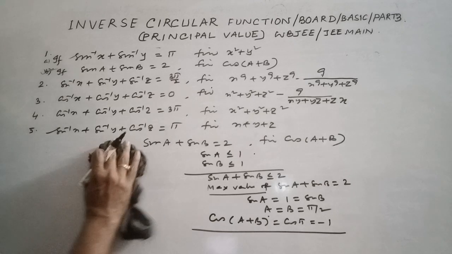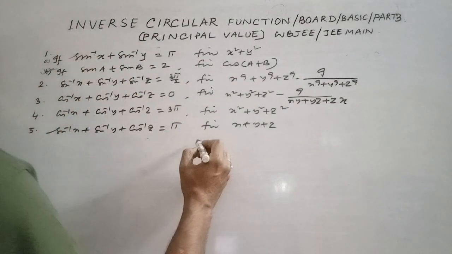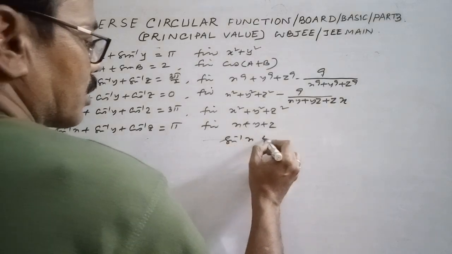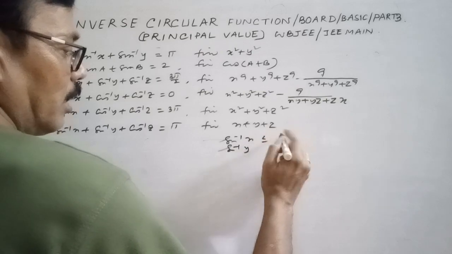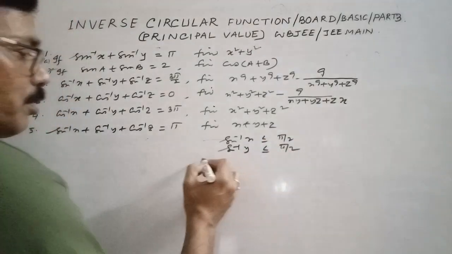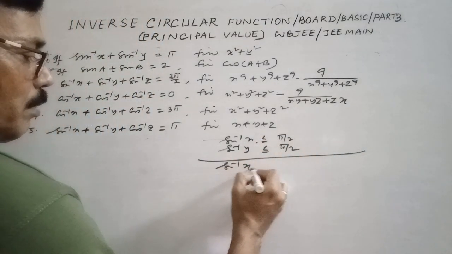Now look. We know sin inverse x is less than or equal to pi by 2, and sin inverse y is also less than or equal to pi by 2. So the maximum value of sin inverse x is pi by 2.